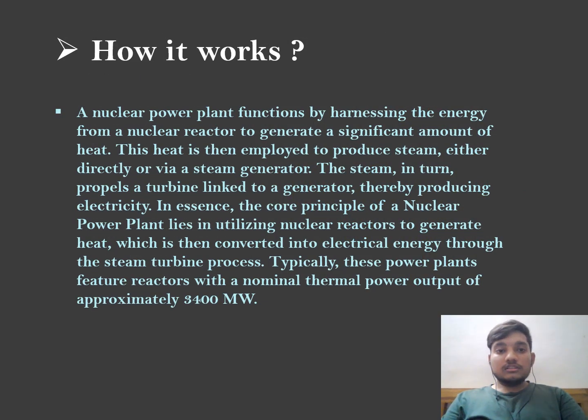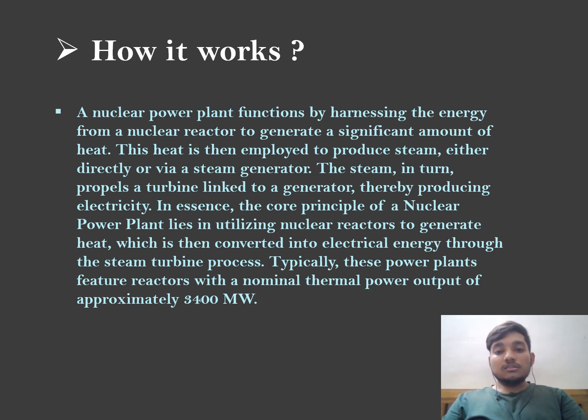How it works. A nuclear power plant functions by harnessing the energy from a nuclear reactor to generate a significant amount of heat. This heat is then employed to produce steam either directly or via a steam generator. The steam in turn propels a turbine linked to a generator, thereby producing electricity.